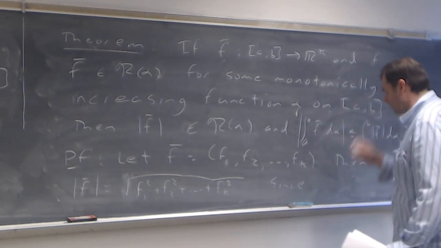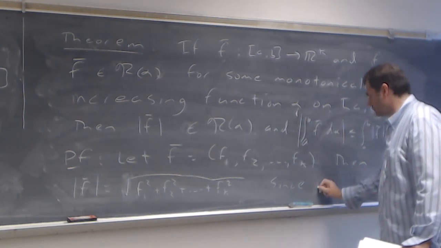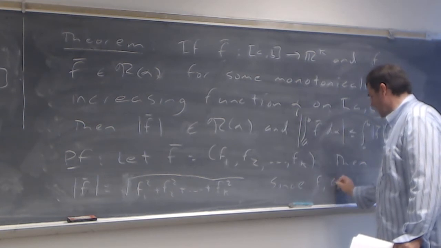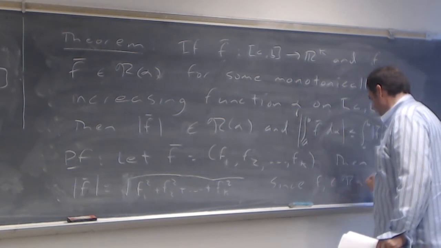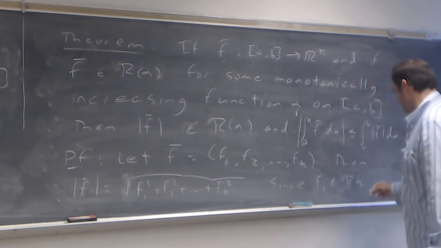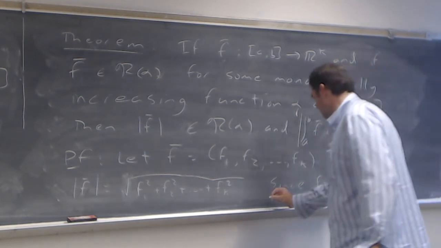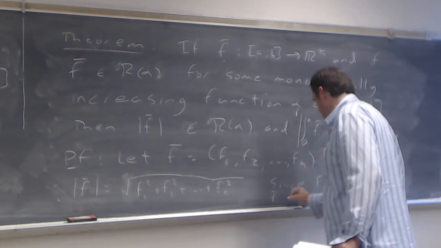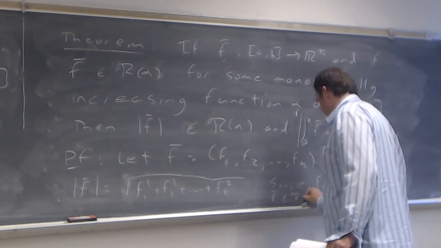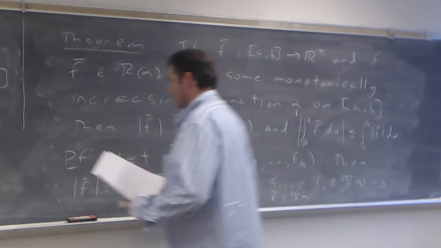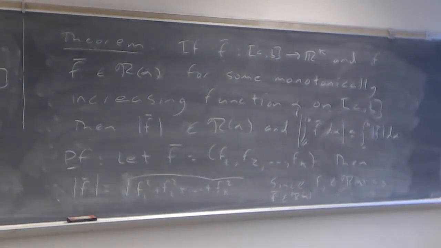Since F sub j is Riemann-Stieltjes integrable, and we know that because F bar is Riemann-Stieltjes integrable with respect to alpha, that tells me that the square is Riemann-Stieltjes integrable.